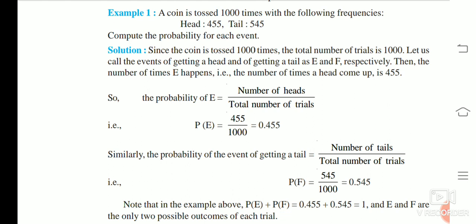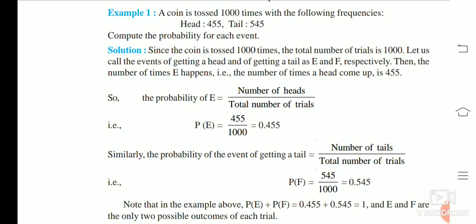Now let us call the events of getting head and getting tail E and F respectively. Then the number of times E happens, that is the number of times head comes up, that is the probability of E. It's nothing but P of E, that is, probability of E equals number of heads divided by total number of trials.